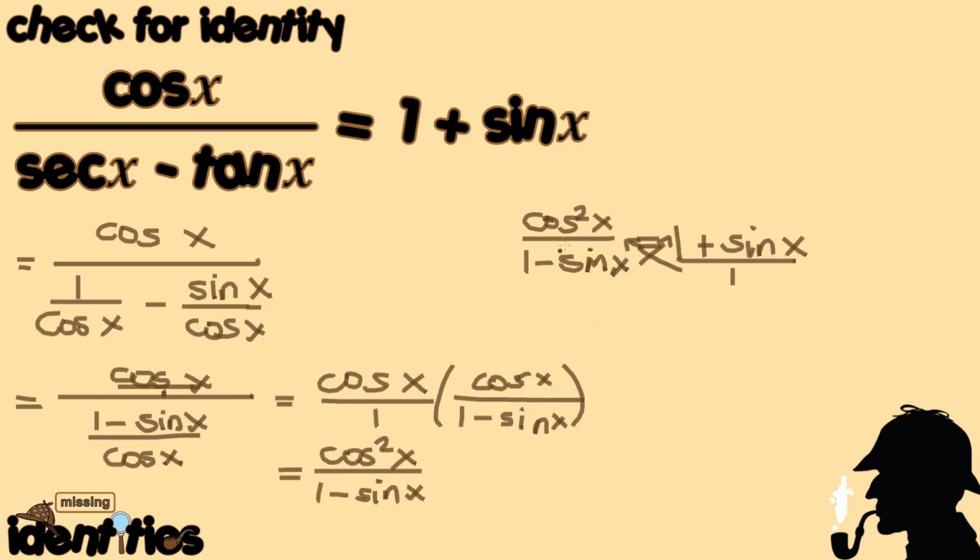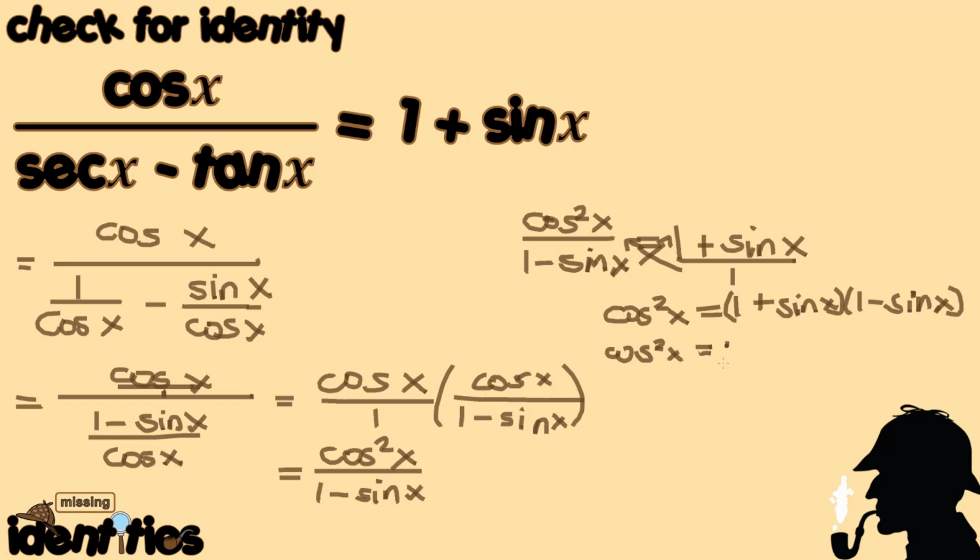So we're going to multiply that. 1 times cosine squared x is just cosine squared x. On the other side, we have 1 plus sine x times 1 minus sine x. If we multiply this side here, of course, this is still cosine squared x. We are multiplying binomial expressions with the same first term and the same second term, but they only differ in the sign.